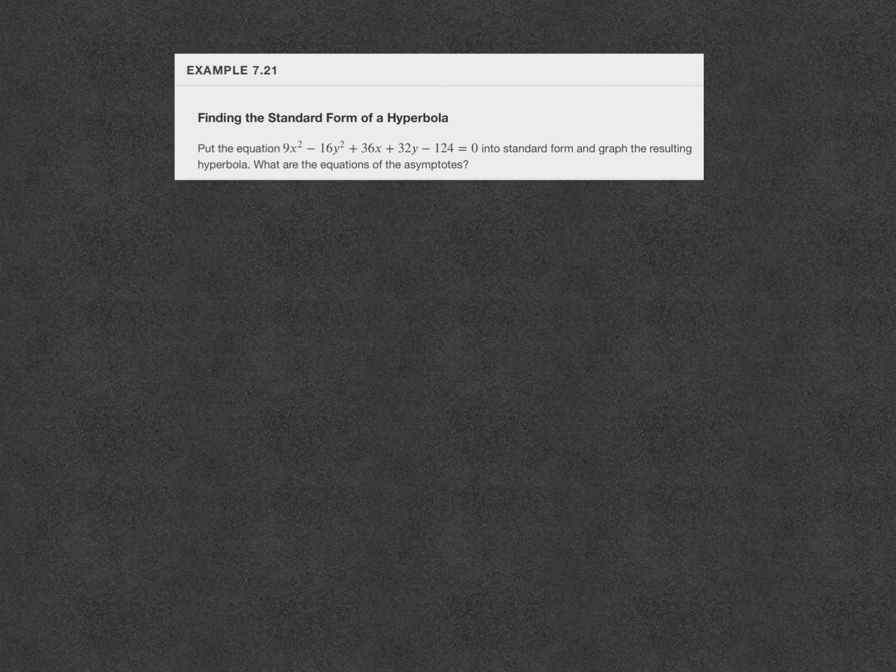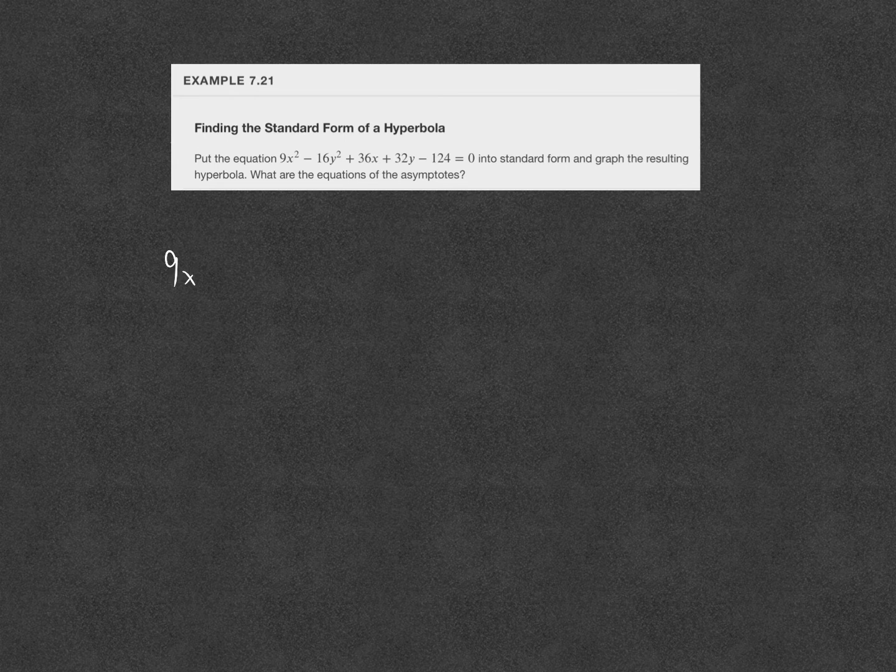So let's group our x's together when we write this down. We have 9x squared plus 36x, group my y's together, minus 16y squared plus 32y, and I'm going to add that 124 to the other side.